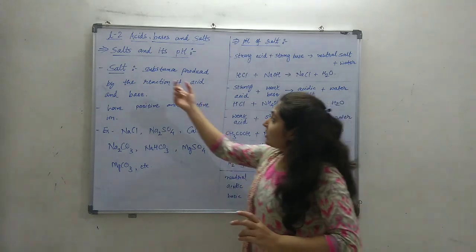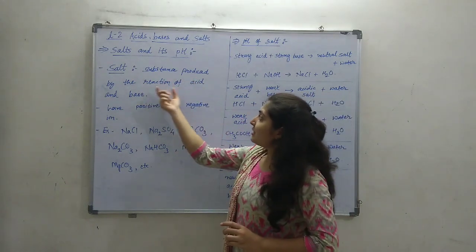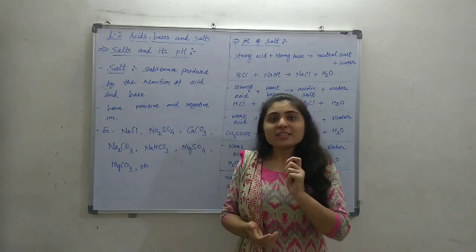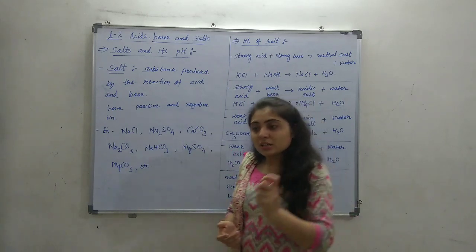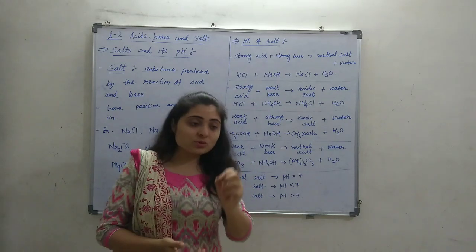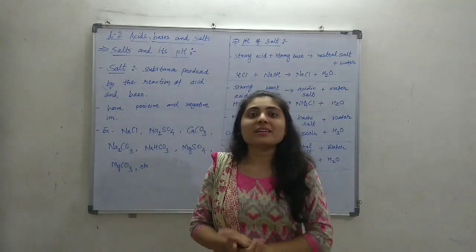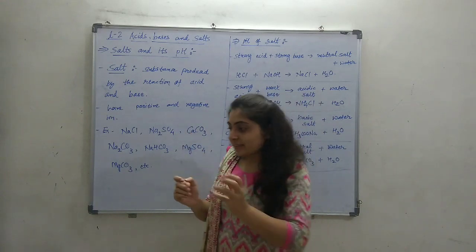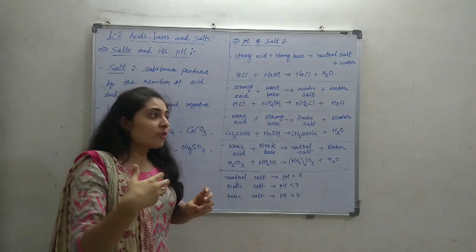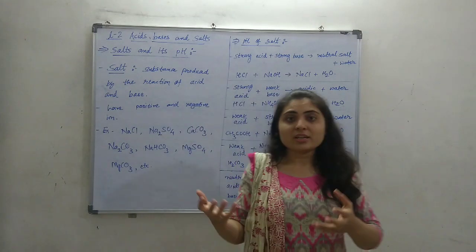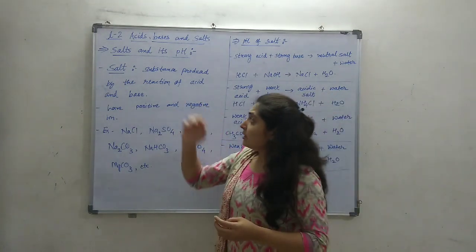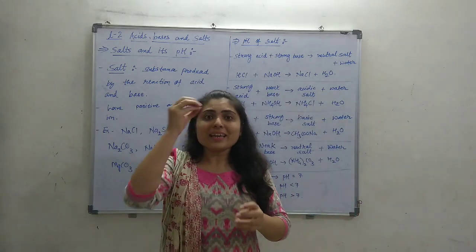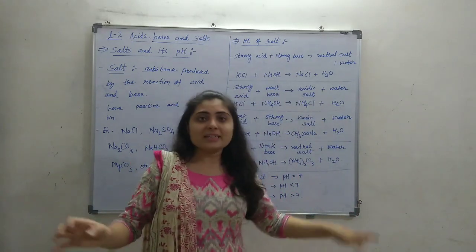So the substance produced by the reaction of acid and base is called salt. Any salt is formed only and only by acid and base. Whenever they react with each other, they form salt. We can take any acid and any base.